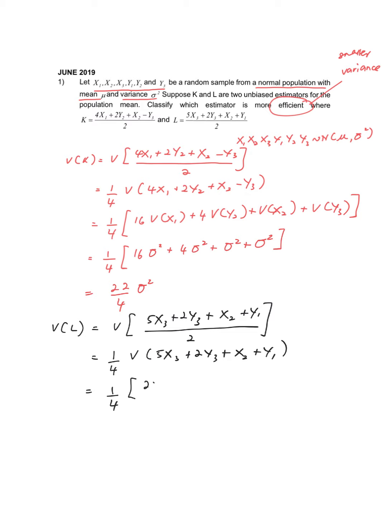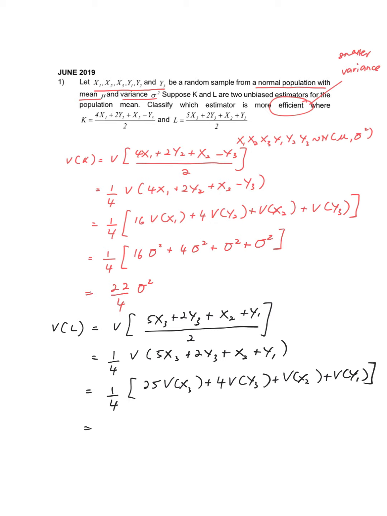So dia akan jadi 25 V x3 tambah 4 V y3 tambah V x2 tambah V y1.